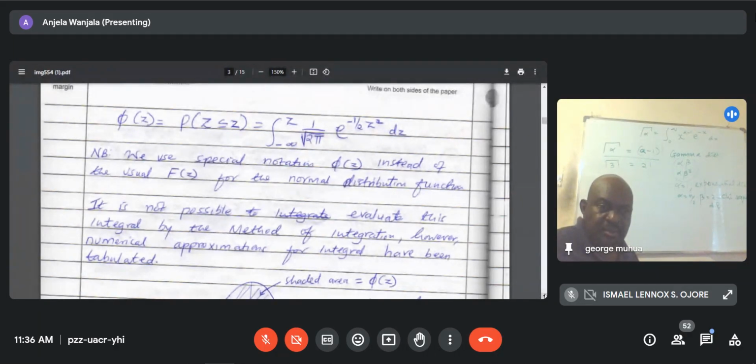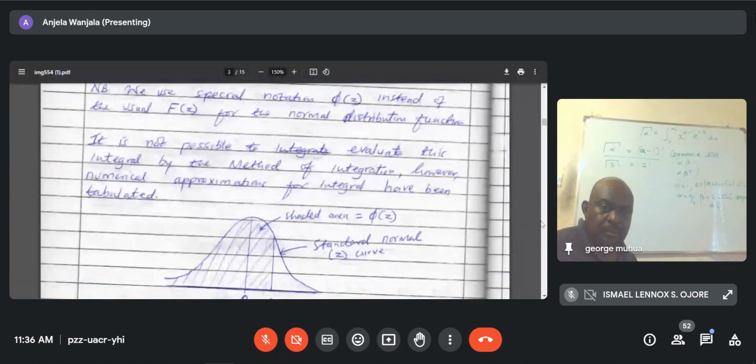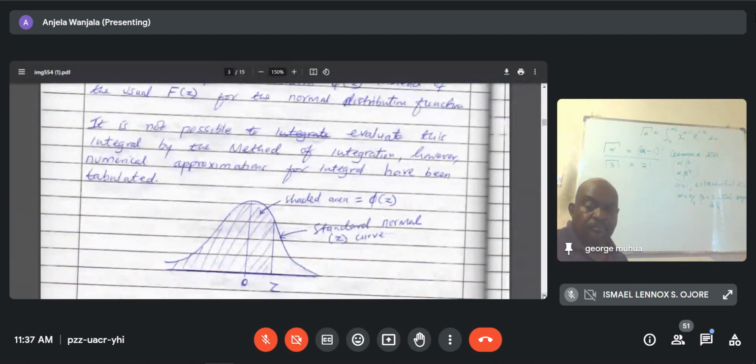Yes, it's okay. So I was saying, as we have been told by Prof, this is the normal curve. It looks like this, and it is called the standard normal curve. It is symmetrical with the zero in between.